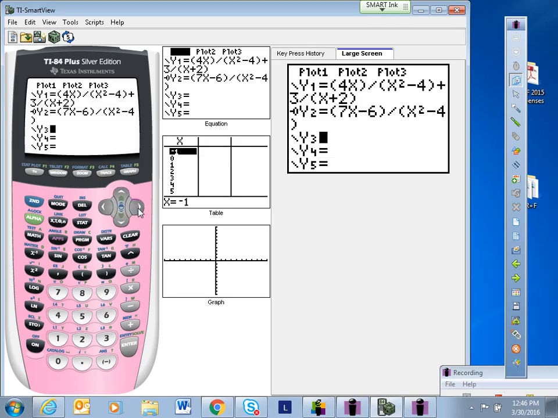I don't know. Mine's not seeming to do it either, but it's supposed to. 6 divided by x. Oh, now it is. I just didn't have anything in there, so there was nothing to turn on. All right, so there's the left side. The right side can be a little bit more difficult.